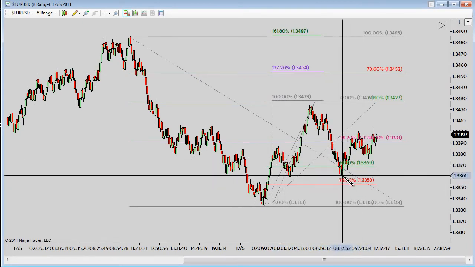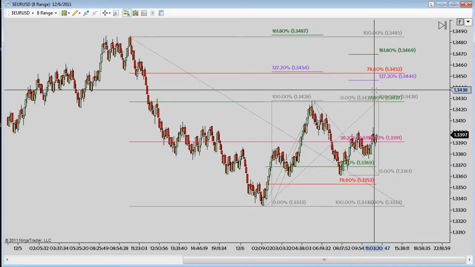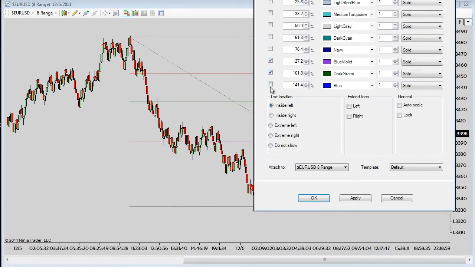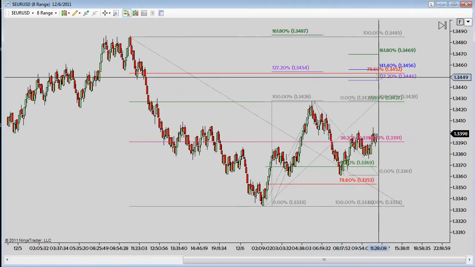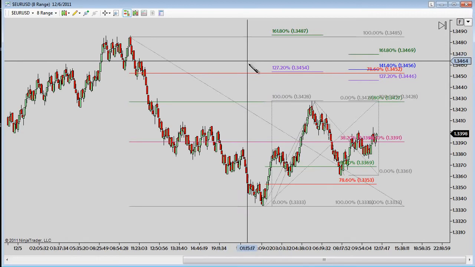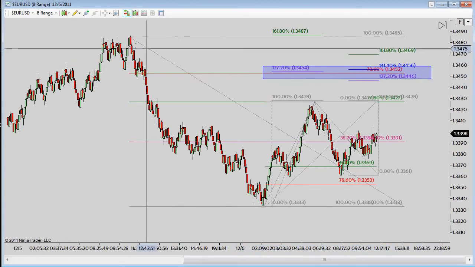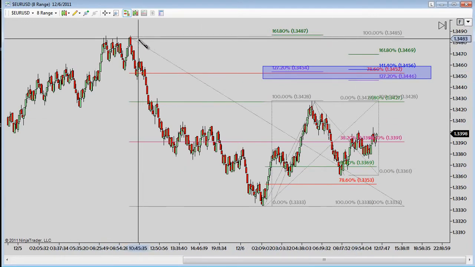If I invert this Fibonacci level here, you're also going to find again that we have our 1414 ratio confluence right there at the 127. So now we have again another area where the market is likely to reverse. So we have a potential move here.